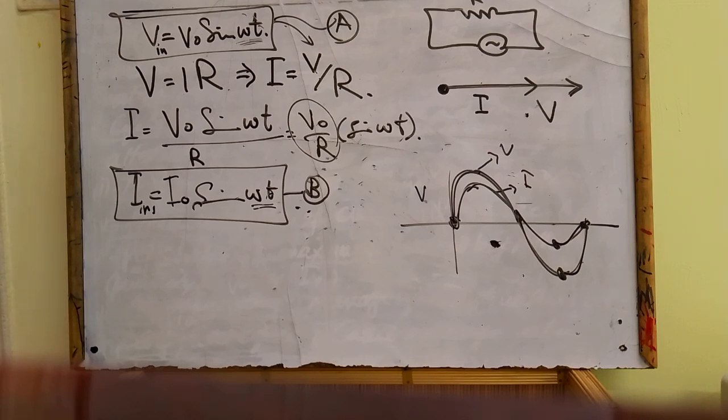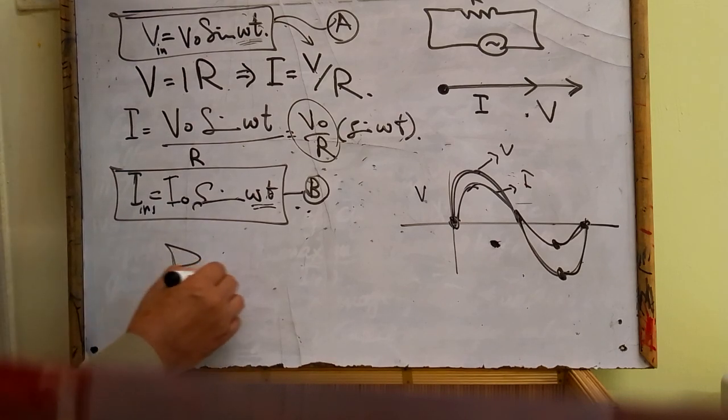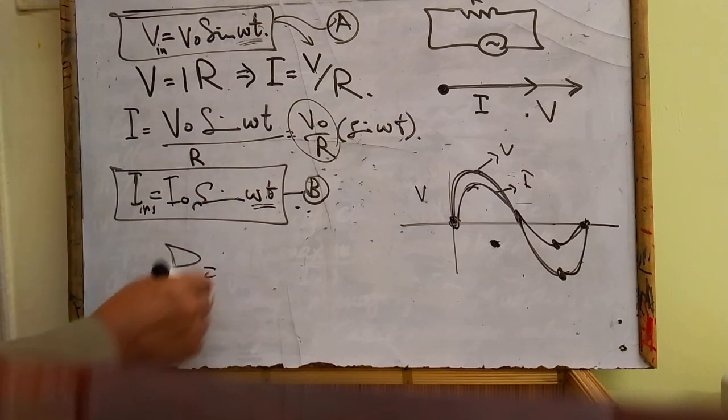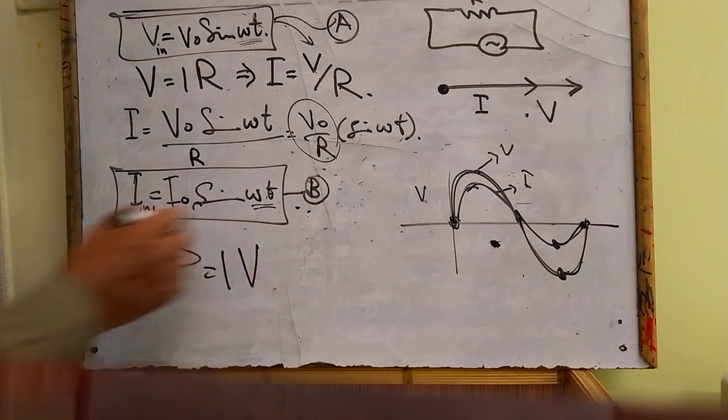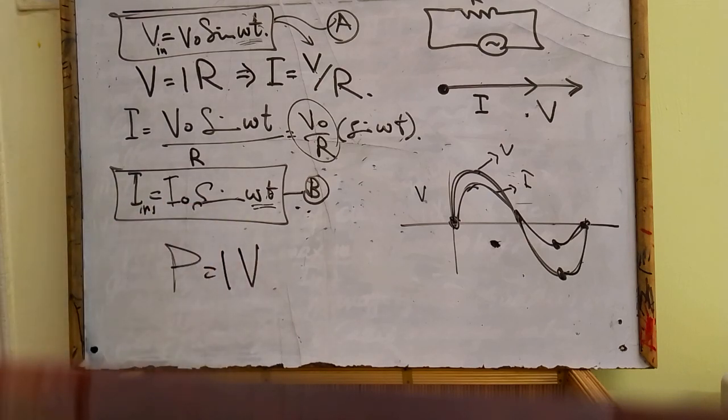One thing more important. What should be the power of the circuit? Power is always written as I into V. The product of the current and voltage is called power. What is power loss?